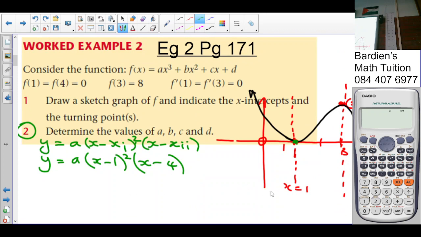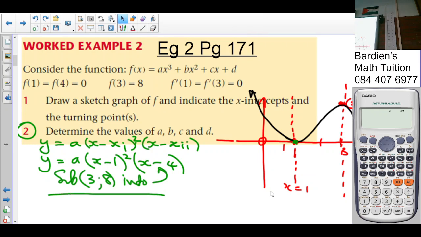Right, so how do I solve for A here? You're going to substitute which point? 3 and 8. So you're going to substitute 3 and 8 into this equation here. Not so?